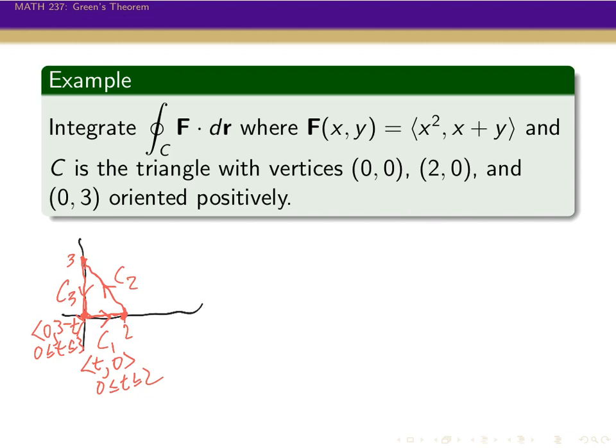And then for the last one, we're starting at (2, 0) and we want to end at (0, 3). To do that, I can have x be 2 minus t, so that's going to have my x's going the right way. When t is equal to 2, I need my y value to be 3, and when t is equal to 0, I need it to be 0.